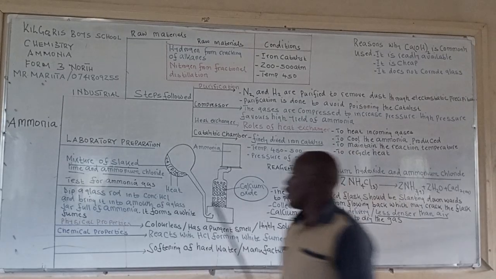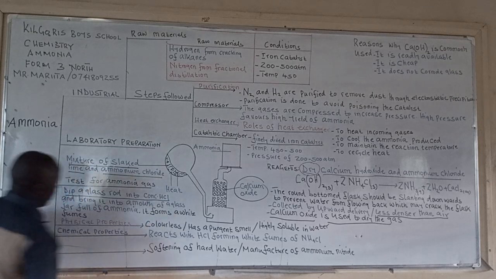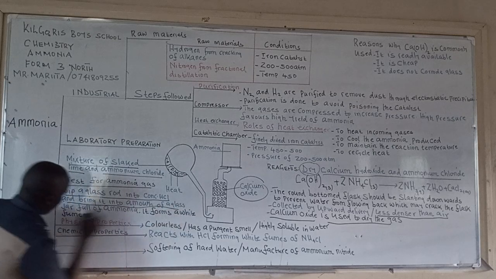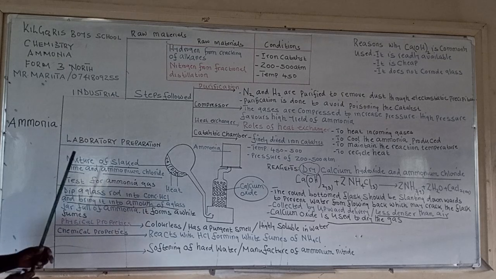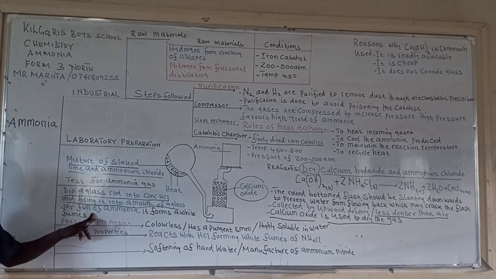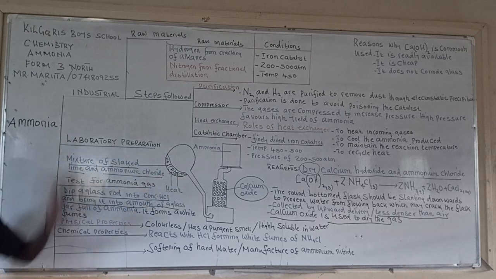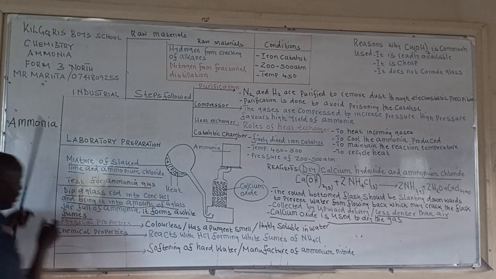First of all, you dip a glass rod into concentrated hydrochloric acid, and then bring it to the mouth of a gas jar full of ammonia. When the hydrogen chloride gas combines with ammonia, it forms white fumes. So simply that is how you can test for the gas.